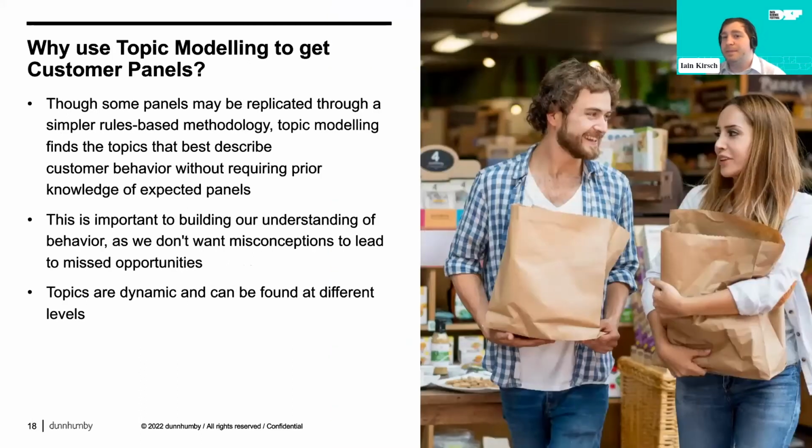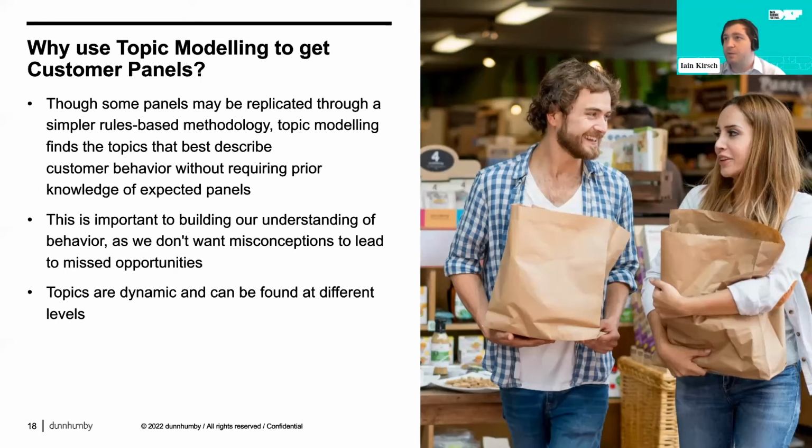And a second question that I think a lot of people might be thinking is, some of these panels that you've talked through, things like cat owners, are not terribly difficult to find, and there might be simpler rules-based approaches that could capture that group.